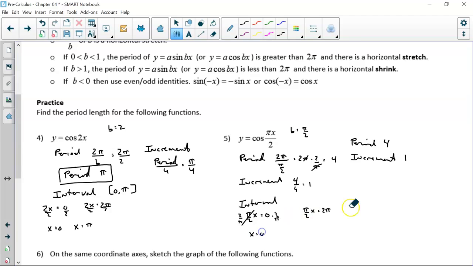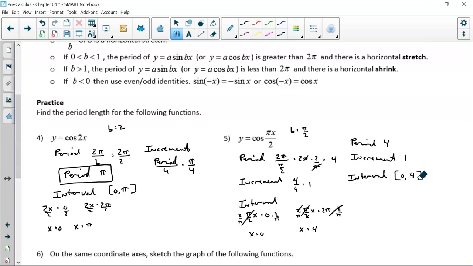X equals 0. Multiply both sides by 2 over pi. And just like we saw before, x equals 4. So our interval for one period, we would start at 0 and stop that period at 4. That's one interval.